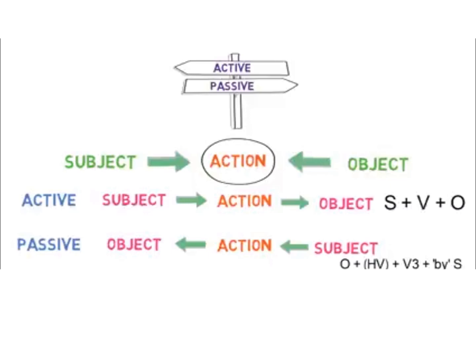But when we change the pattern of the sentence, we have to be a little careful. Object is followed by helping verb plus V3 form of the verb plus by plus subject.